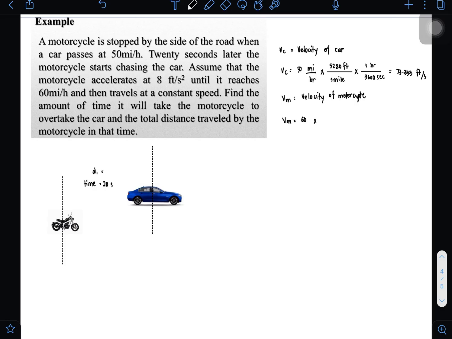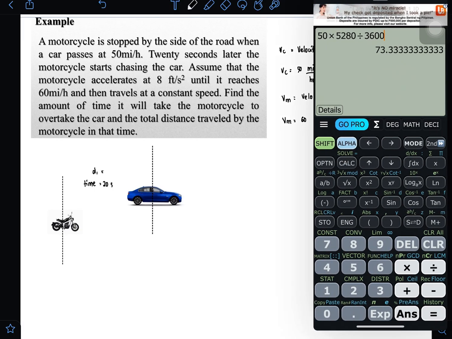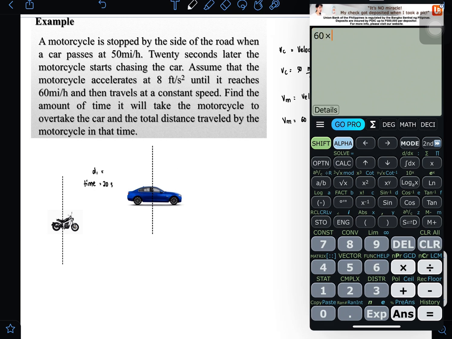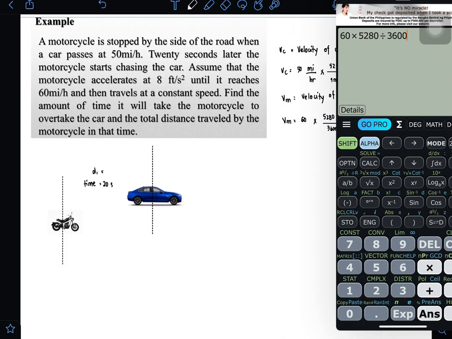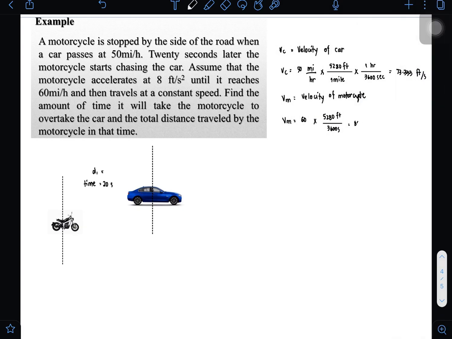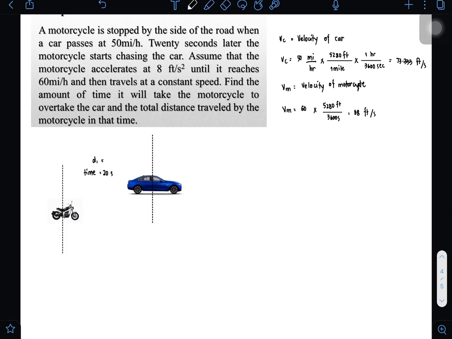So we're gonna multiply that with 5280 feet and divide it with 3,600 seconds. So that is 60 times 5280 divided by 3,600. That's 88 feet per second. Okay, that is the velocities.